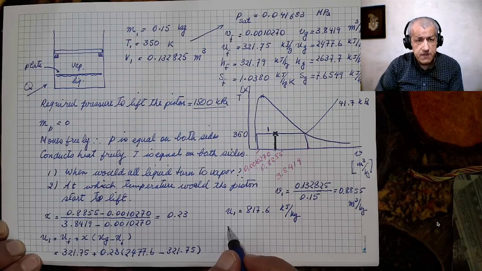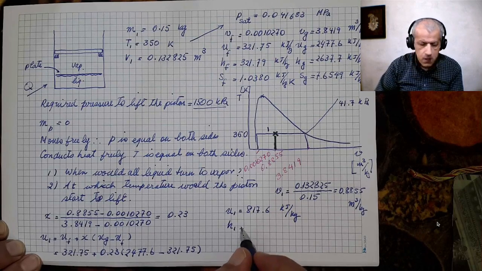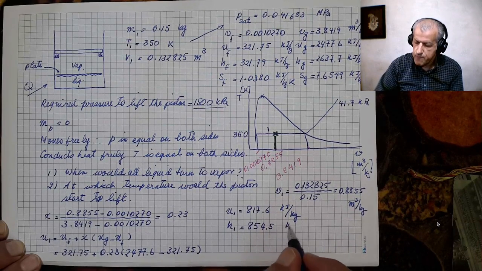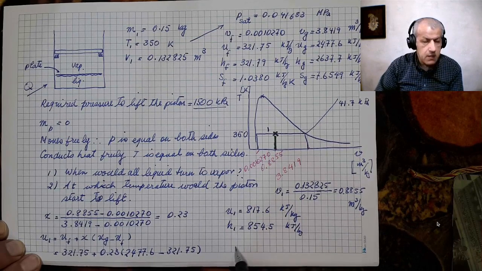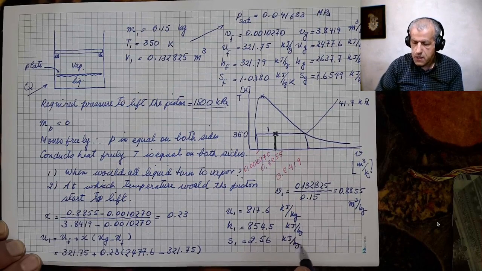With the same practice, we could also calculate H1, which would result in 854.5 kilojoules per kilogram, and then S1, which is 2.56 kilojoules per kilogram.